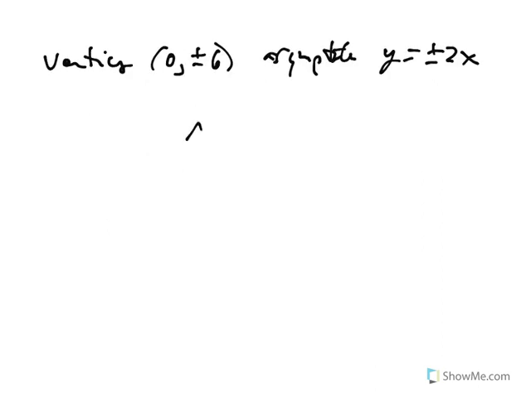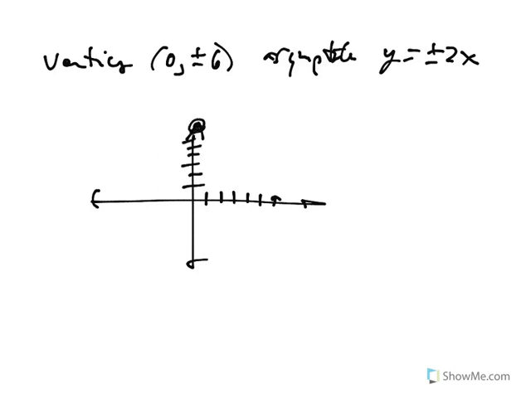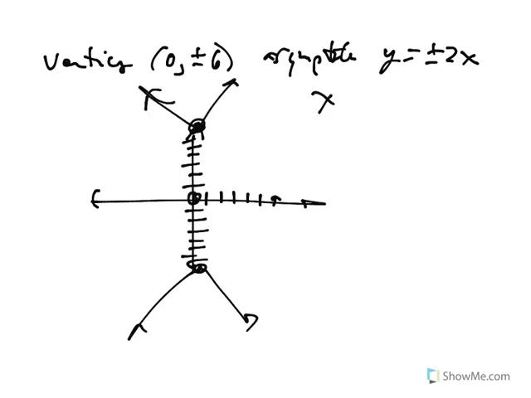Okay, here's another situation where we're told the vertices are 0 plus minus 6. Oops, those are actually up and down. Okay, just from that, we can do a lot of stuff. We know the center is 0, 0 because it's halfway between. And I have x squared over, plus y squared over.